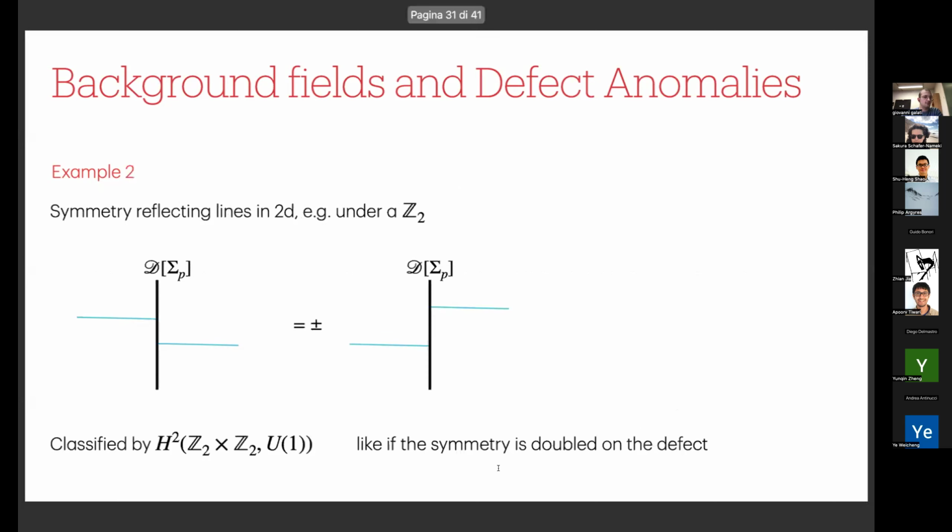Okay, let me now present a final example, which is about symmetry reflecting lines, with this intuition that the symmetry is doubled on the defect.